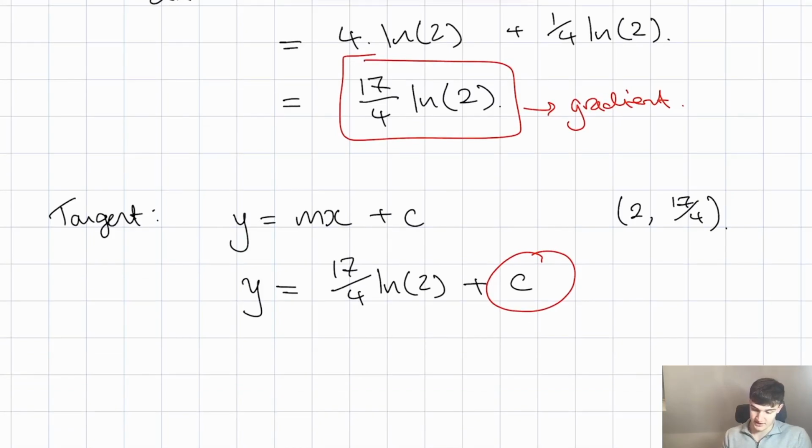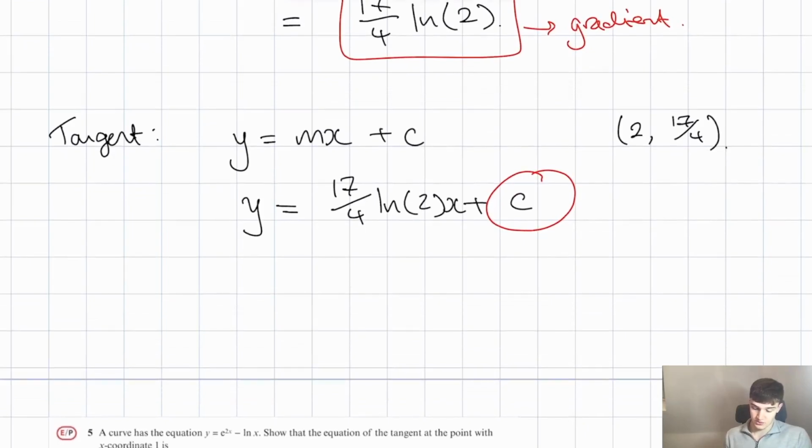Sorry, I've missed an x here. So when I plug in x is 2, I get that 17 over 4 must be equal to 17 over 4 ln 2 times 2 plus c.